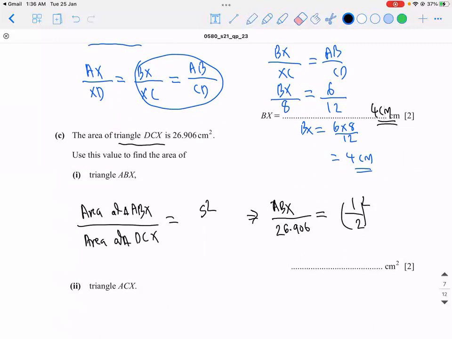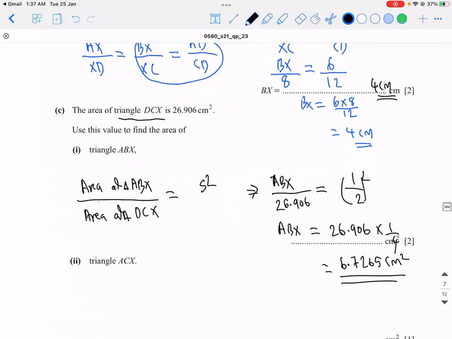You cross multiply: 26.906 multiplied by 1 over 4. Please input these values in your calculator and make a fast calculation. That is 6.7265 centimeters squared.